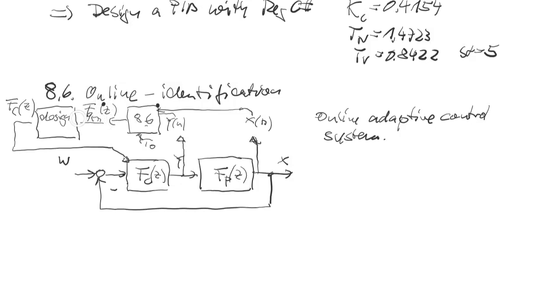Then this new process model gives, with the design method, a new controller, and this controller is sent to the closed loop system, and automatically in each new step you will have a new controller which can work better for your changed process than your old controller.